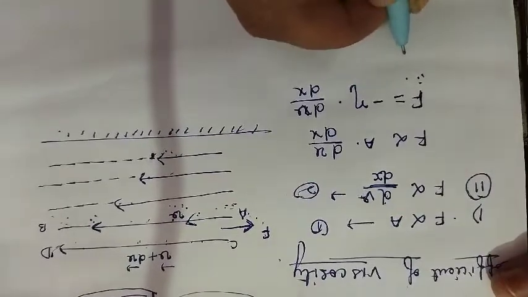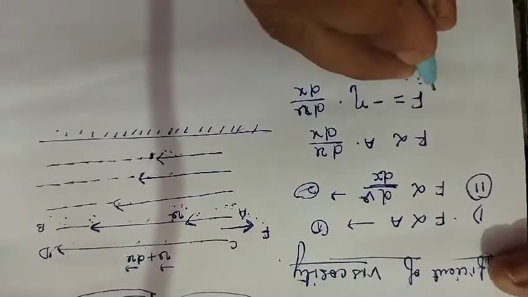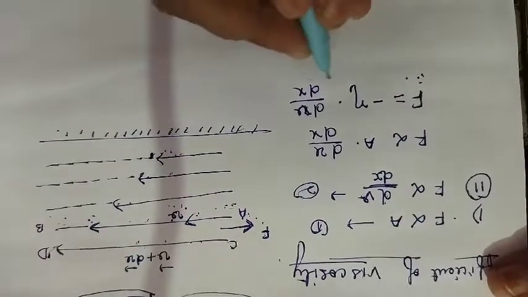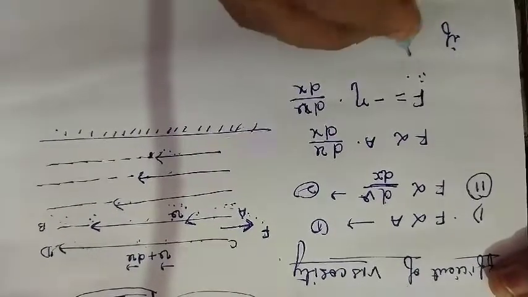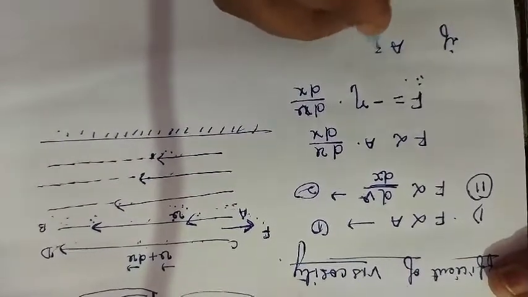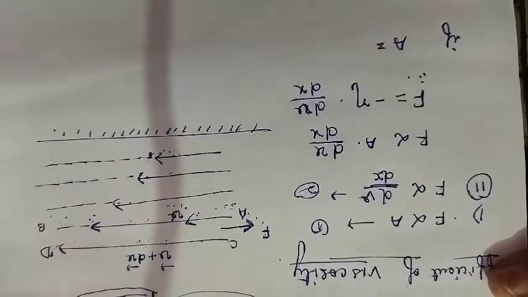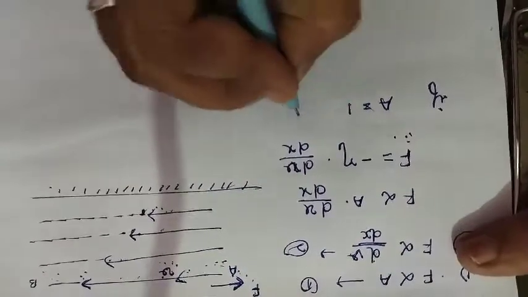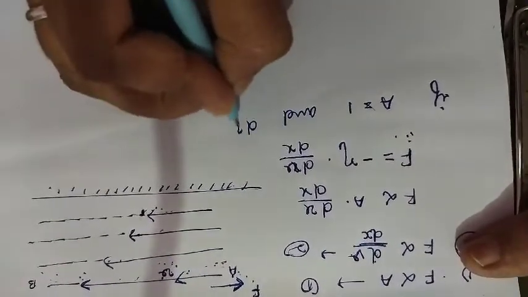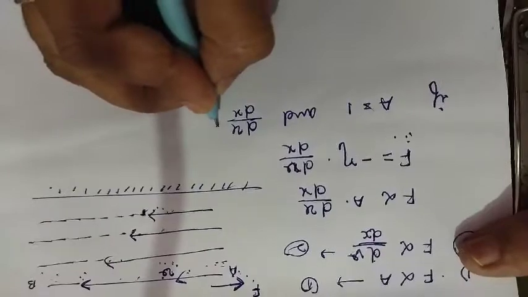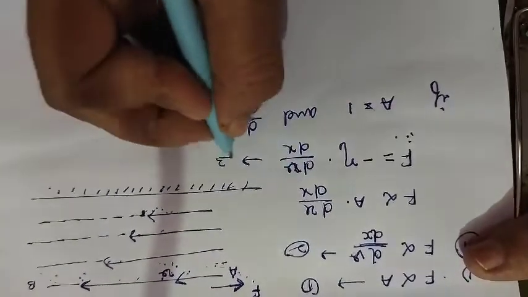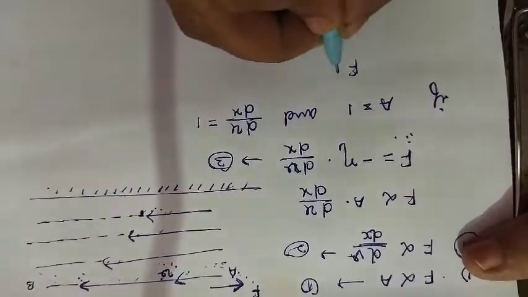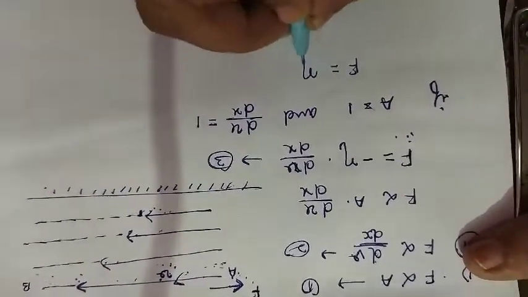So from here eta can be written as... first of all, one thing more we can put here: if we consider the area is equal to 1, and the velocity gradient, that is dv upon dx, is equal to 1, then we can write from this equation that F is equal to eta.